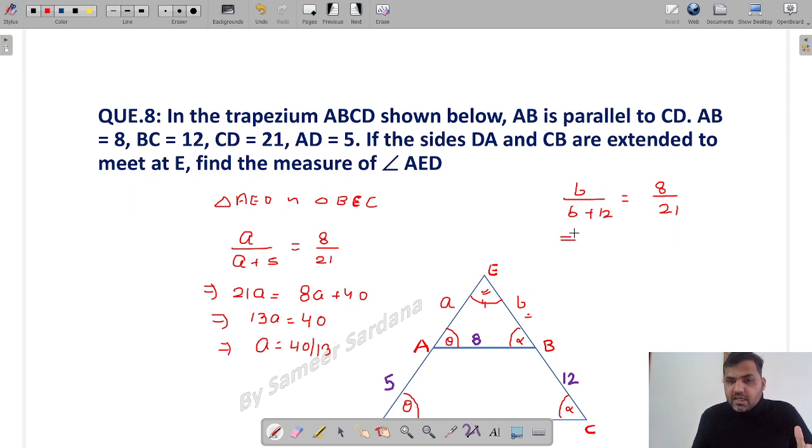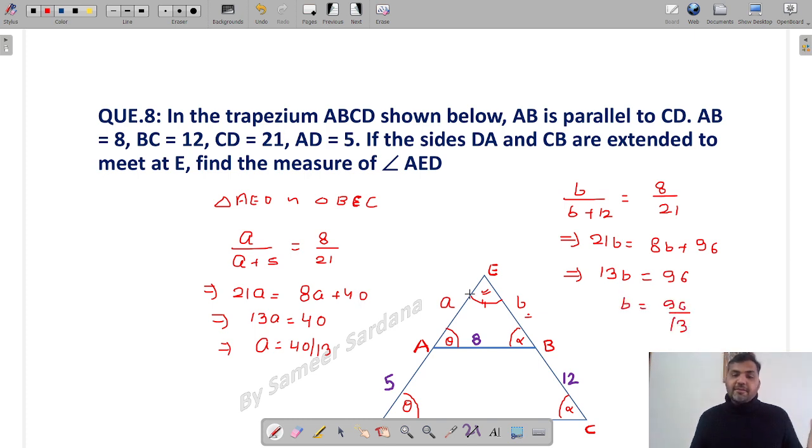So can I say that 21B will be equal to 8B plus 96? So 21B minus 8B, that is 13B, will be equal to 96. So the value of B will be 96 upon 13, right? Okay, so A is equal to 40 by 13 and B will be equal to 96 by 13, right?